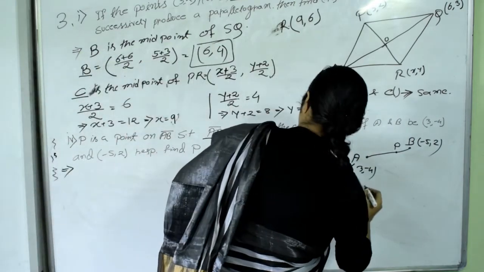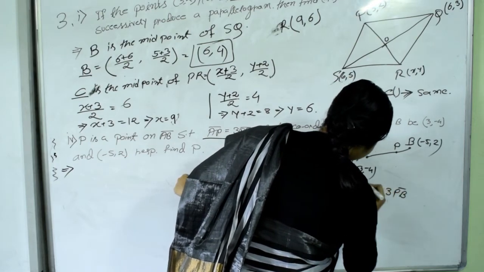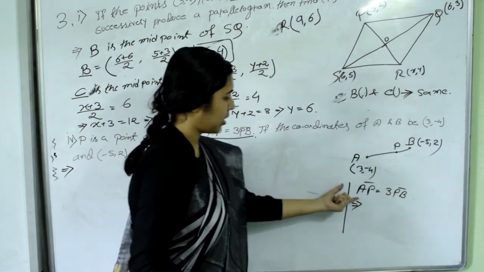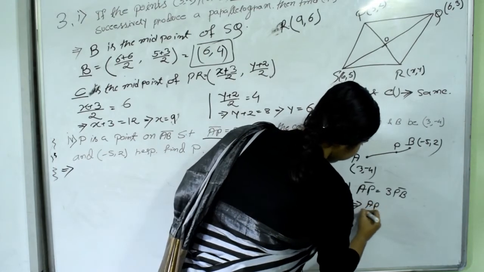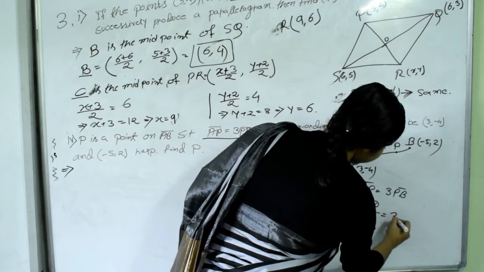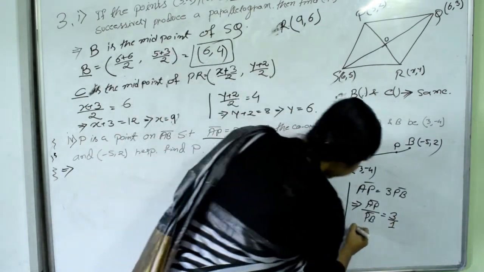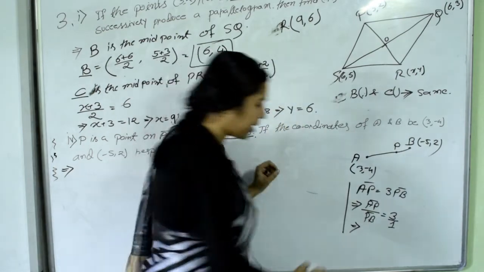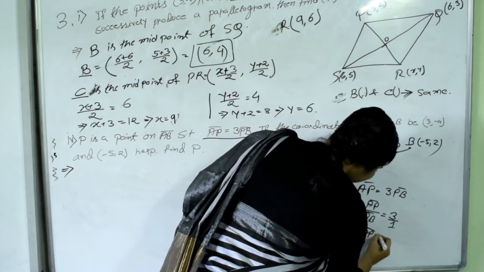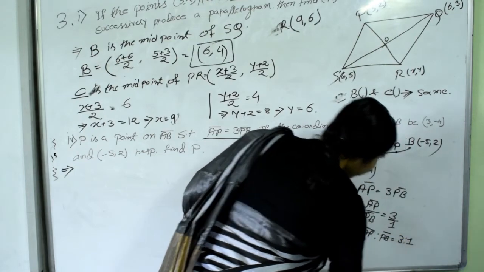So here AP equals 3 PB, which implies AP by PB equals 3 by 1, right? So from here you can write AP is to PB equals 3 is to 1.